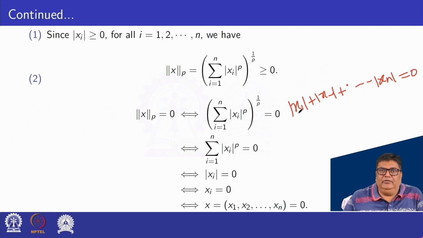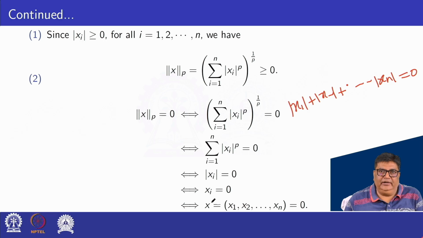Modulus terms are always greater than or equal to 0, so |xi| = 0 for all i = 1 to n. It is possible when each xi = 0, that is x1 = 0, x2 = 0, and so on, xn = 0.